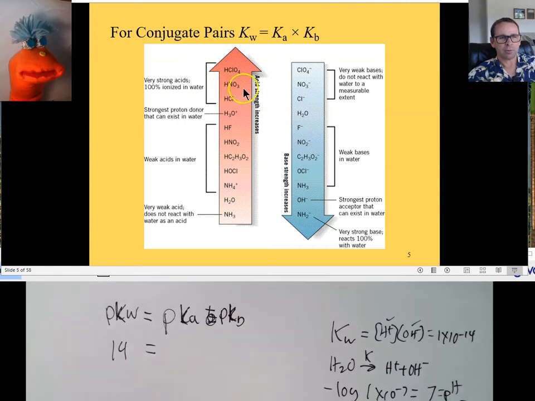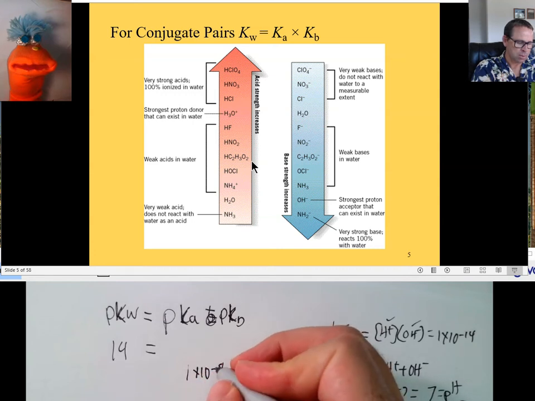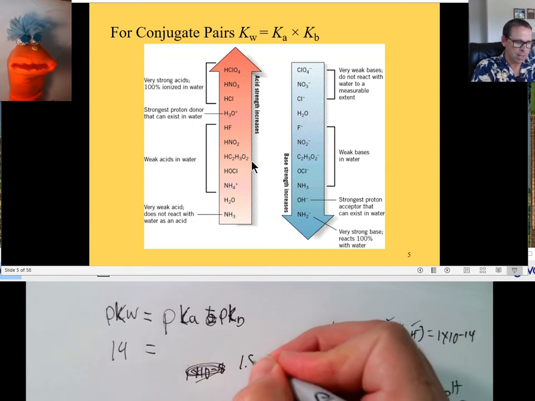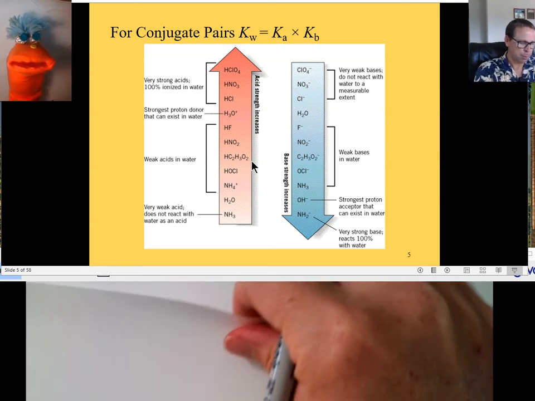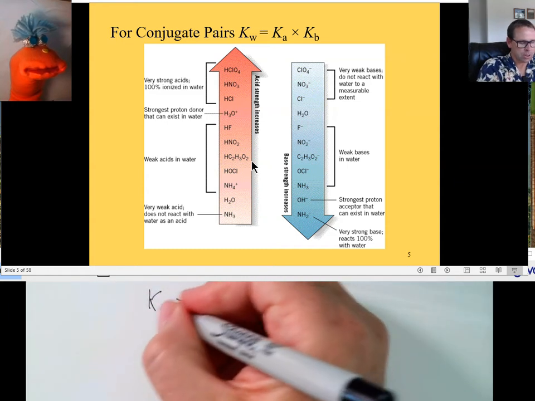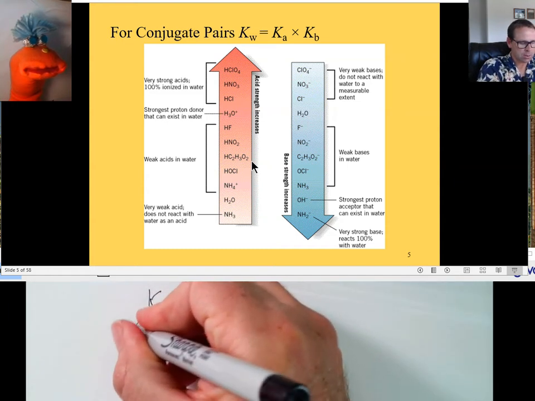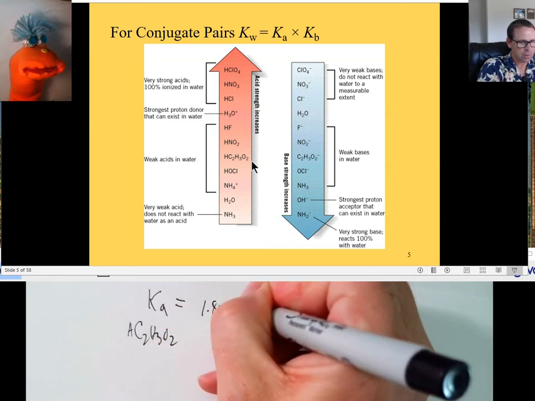So if I have here an acid, acetic acid. Its Ka value is 1.8 times 10 to the minus 5. Ka for acetic acid is 1.8 times 10 to the minus 5.